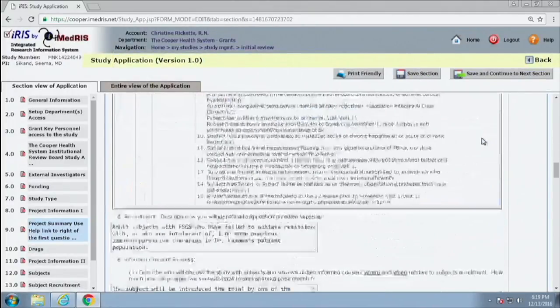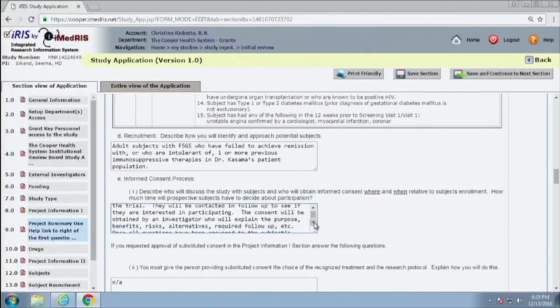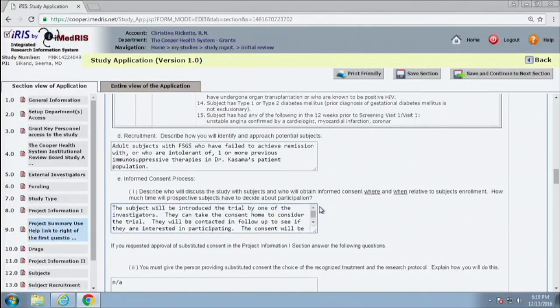You do the same thing with the exclusion. Recruitment, where you're going to find these people. Informed consent. So this is talking about, the IRB wants to see how long the subjects have to consider participation in the trial.